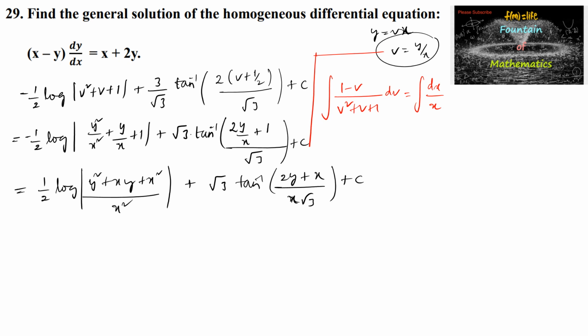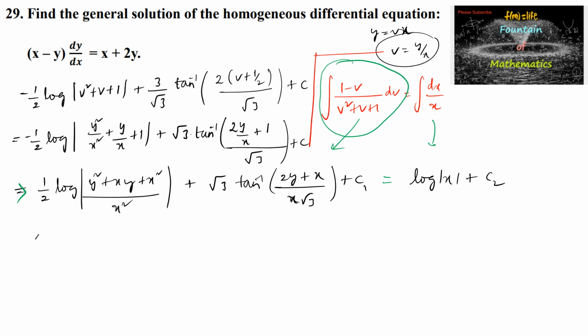And we have the other side. This is just integral of (1 minus v) upon (v square plus v plus 1) dv. And the other side we have dx upon x. Let us write here, which implies integration of 1 upon x is log mod x plus some constant. Here say c1 and this is c2.